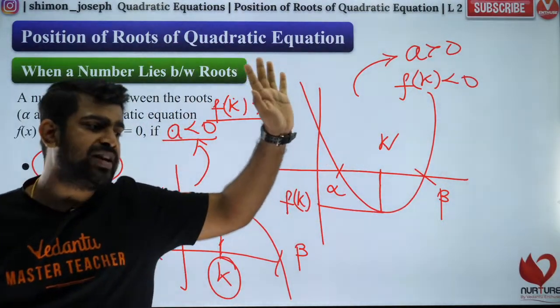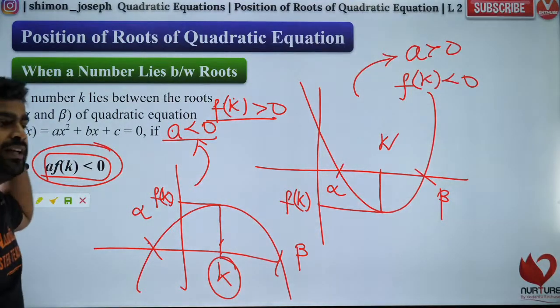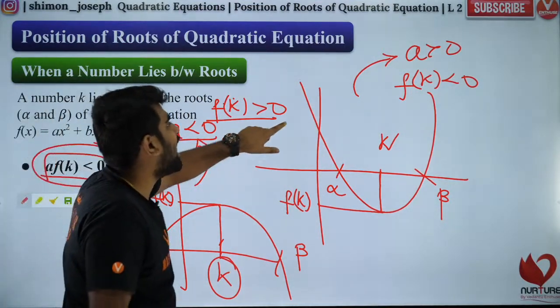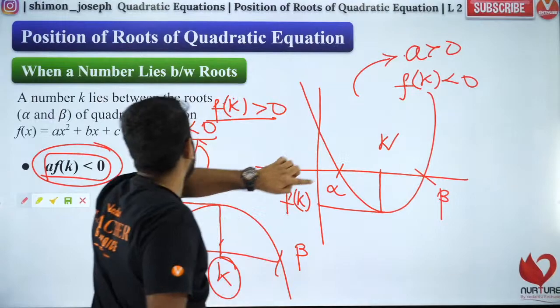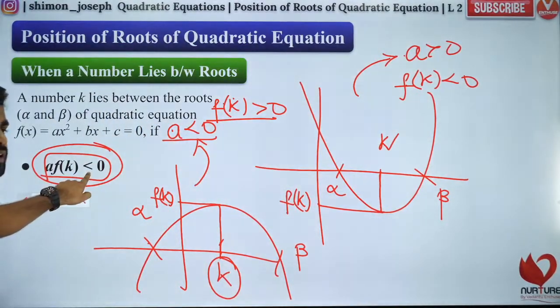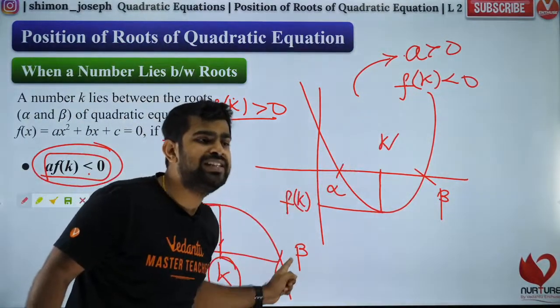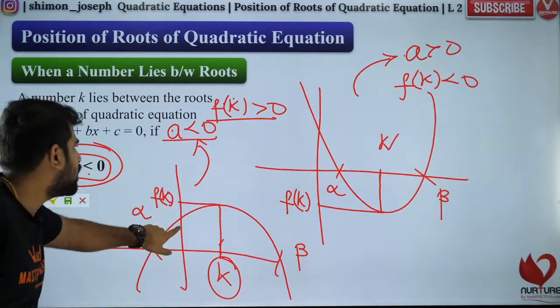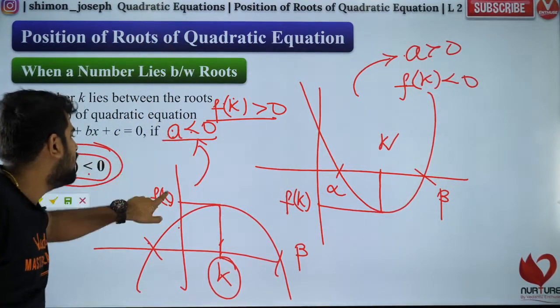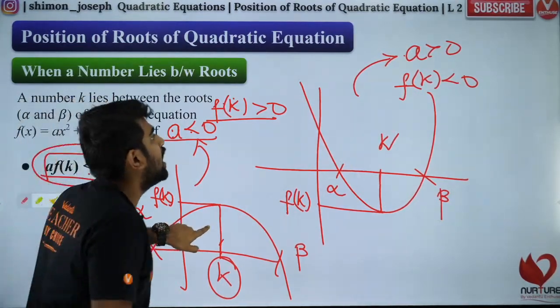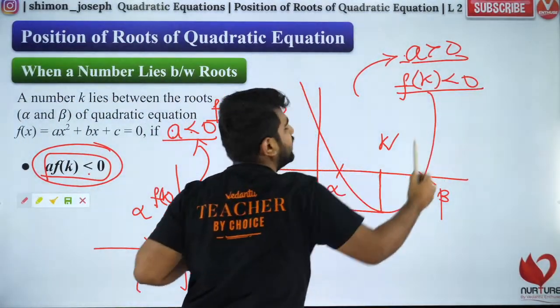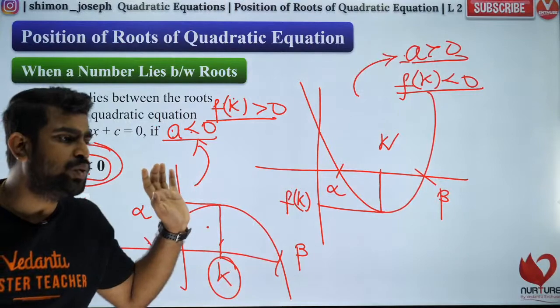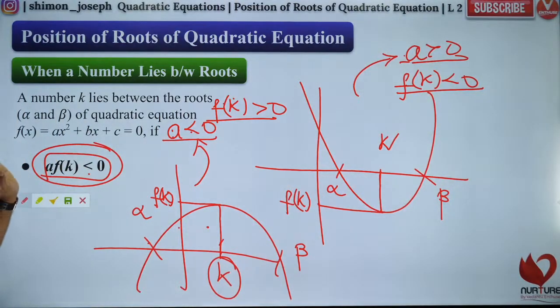Are you all able to understand? So if I say A into f of k should be negative, does it account for both these cases, everybody? See, here also, if A is negative, f of k is positive. Here, if A is positive, f of k is negative. Everybody cool? Yes? Fantastic.